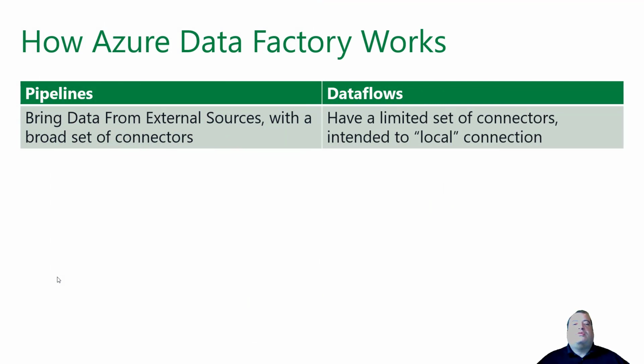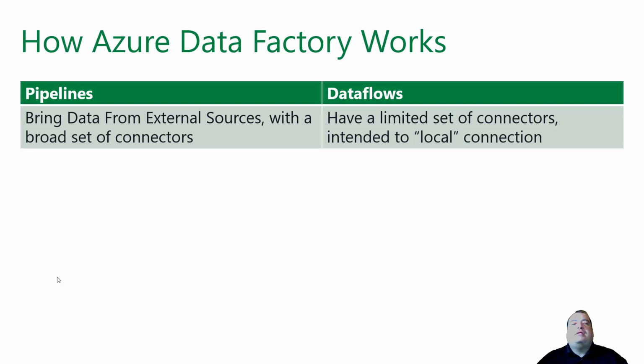Azure Data Factory has pipelines and data flows. The pipelines are used to bring data from external sources. When I say external sources, I'm talking about some external data source which is considered to be outside our data lake.